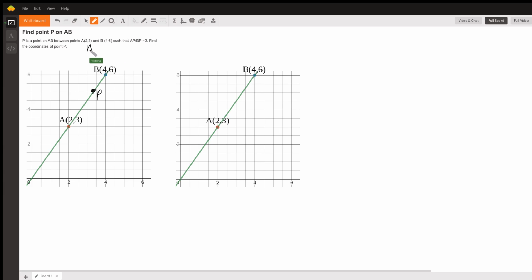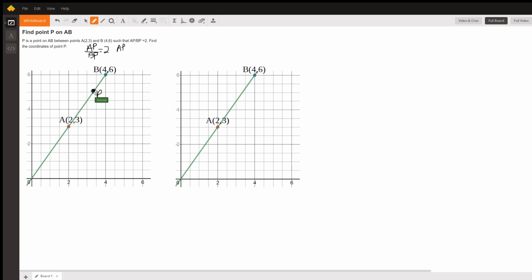If I write AP over BP and it equals 2, I can multiply both sides by BP and find out that AP, this space, I'll write over it in purple.